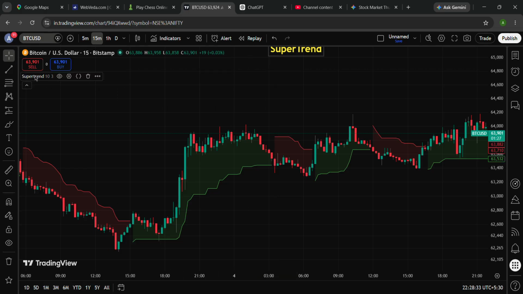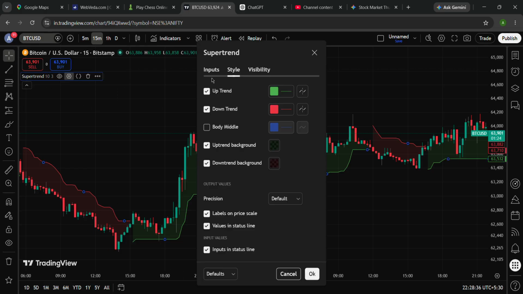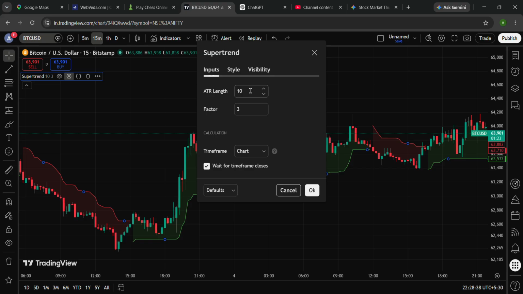If you want to make your Super Trend a little bit faster, and give it a more accurate, more risky and faster result than ATR 10 and factor 3 would, by default the ATR length will be 10 and the factor will be 3, but I would recommend you change that.